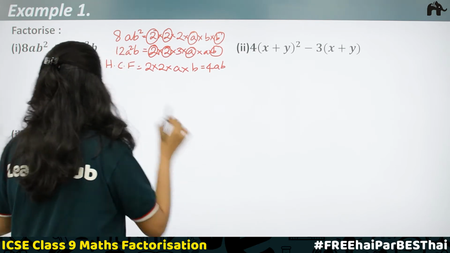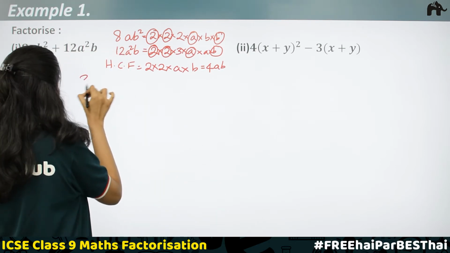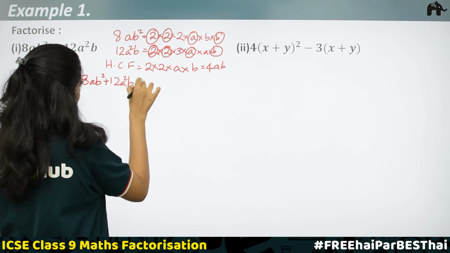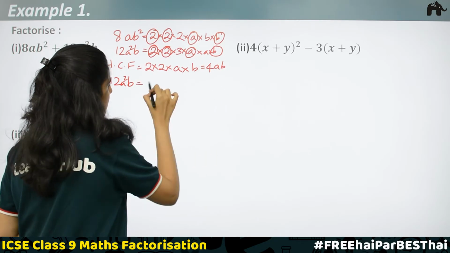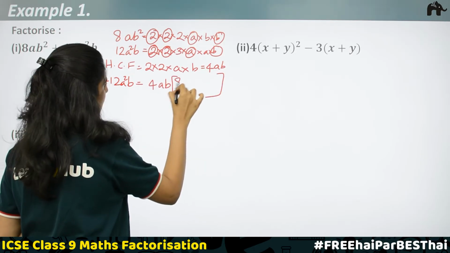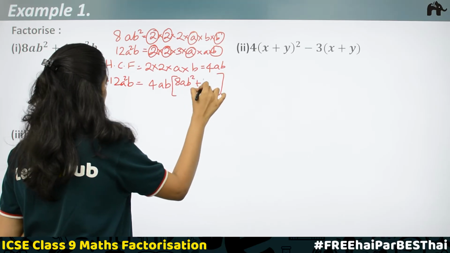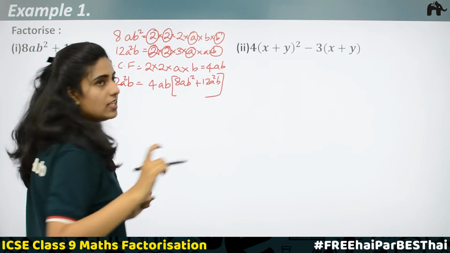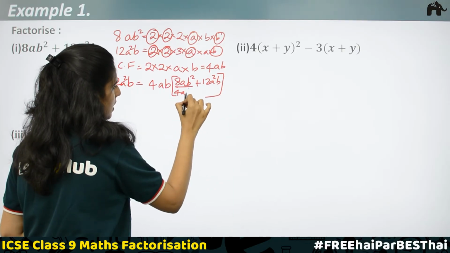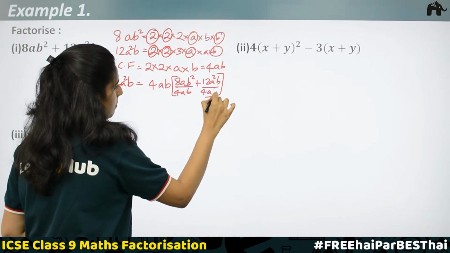HCF is 4ab. Now, 8ab square plus 12a square b can be written as: write the HCF, and inside the bracket, write 8ab square plus 12a square b. Now, divide each of the terms with this HCF, that is, 4ab by 4ab.